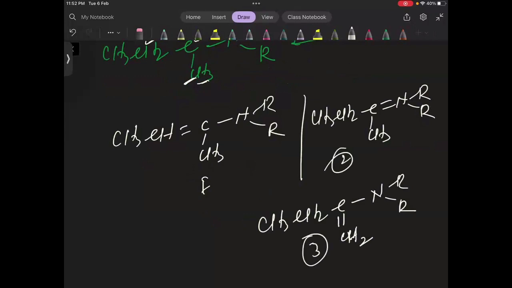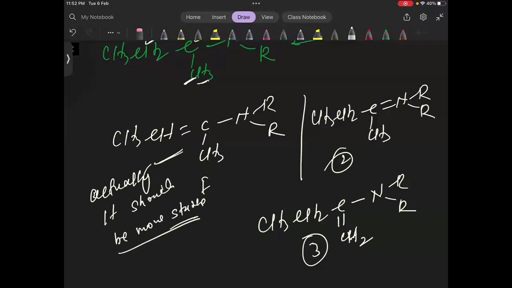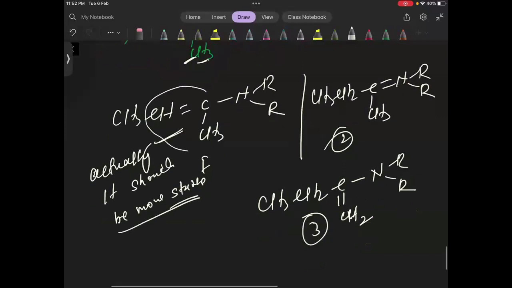Students, logically, the one with more alpha hydrogens should actually be more stable, because this compound contains more alpha hydrogens.